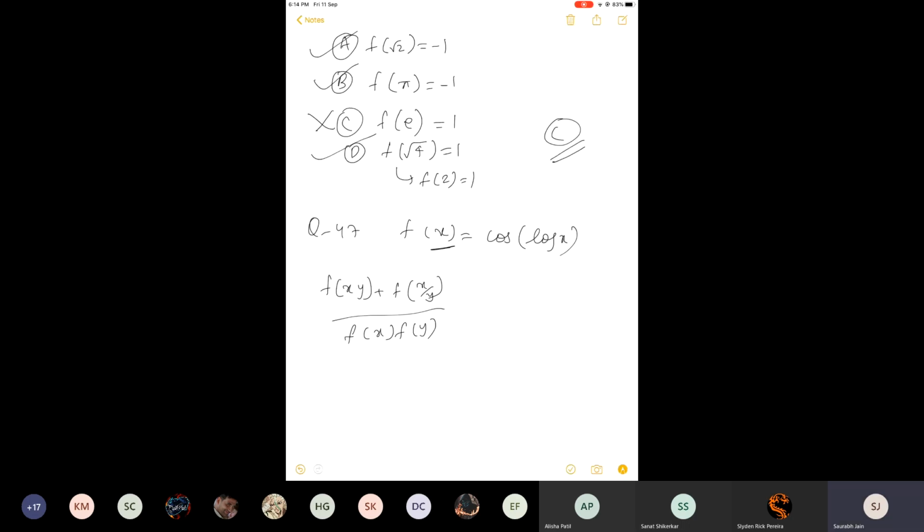See, whatever you put here, the same appears here. This is the basic understanding of a function. So if f(x) is cos of log x, that means f(xy) is cos of log xy. f(x/y) means cos of log of x by y. In the denominator, it is cos log x and f(y) is cos of log y.